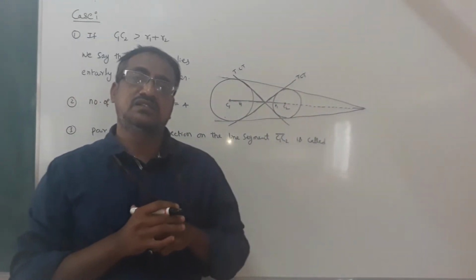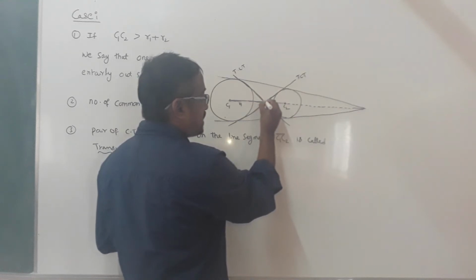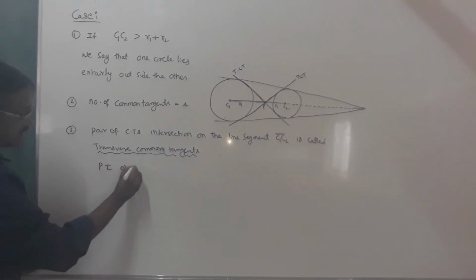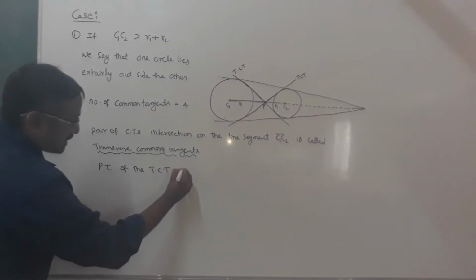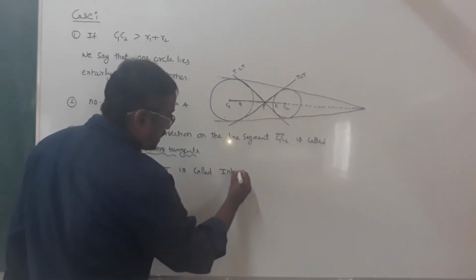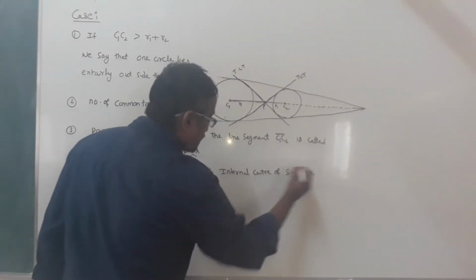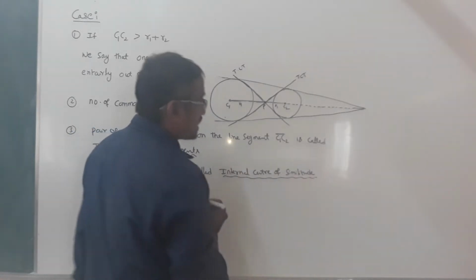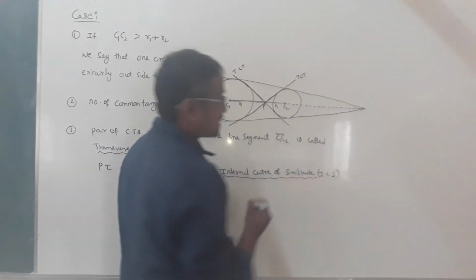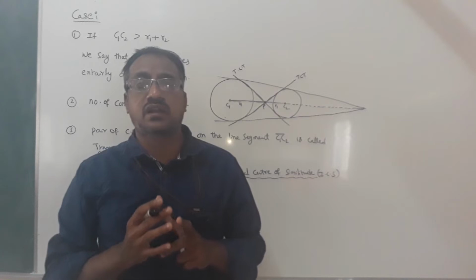And the point of intersection of the transverse common tangents is called the internal center of similitude.